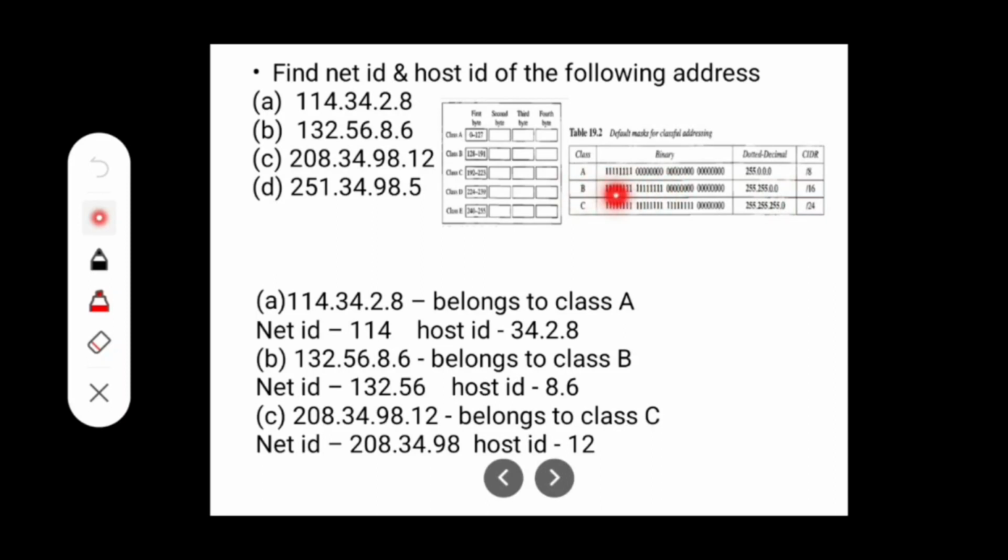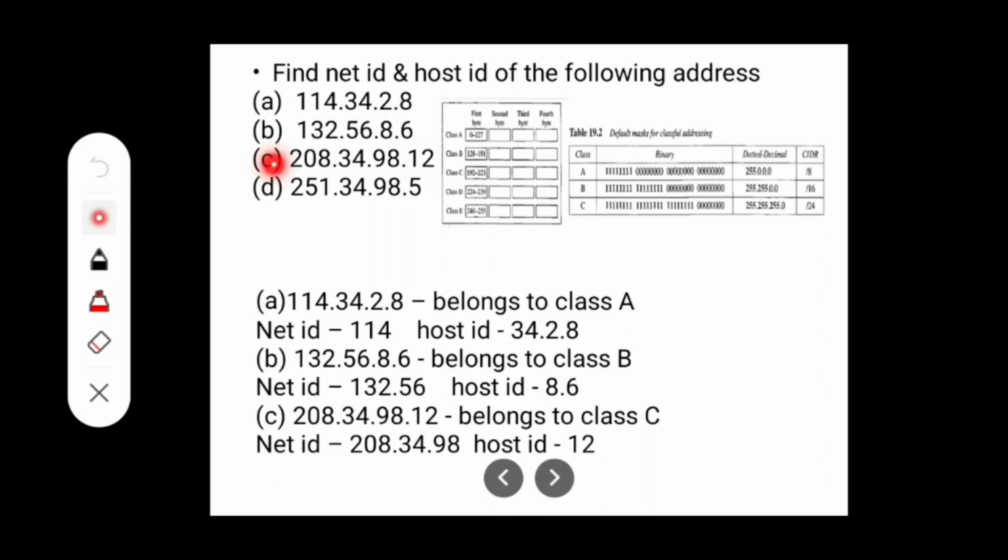The first 2 bytes represent the network ID, and the remaining 2 bytes represent the host ID. So from this question, 132 and 56 are the net ID, and 8 and 6 are the host ID. Clear?